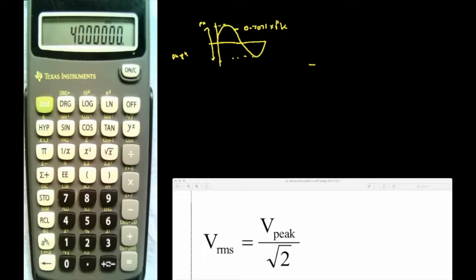If you had a simple circuit with a battery and a resistor, and the battery was 7 volts, the temperature of the resistor would be the same as having an AC source of 10 volts peak, and that's 7 volts DC.